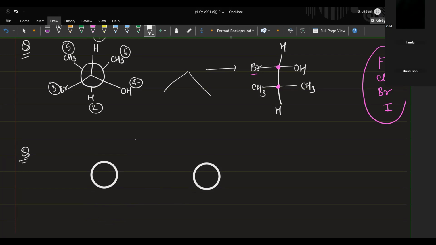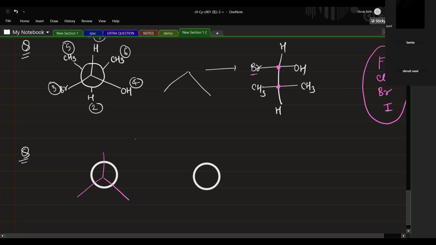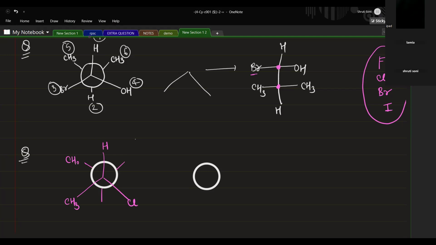Okay, so let's suppose I have CH3Cl and hydrogen here, CH3Cl and hydrogen.